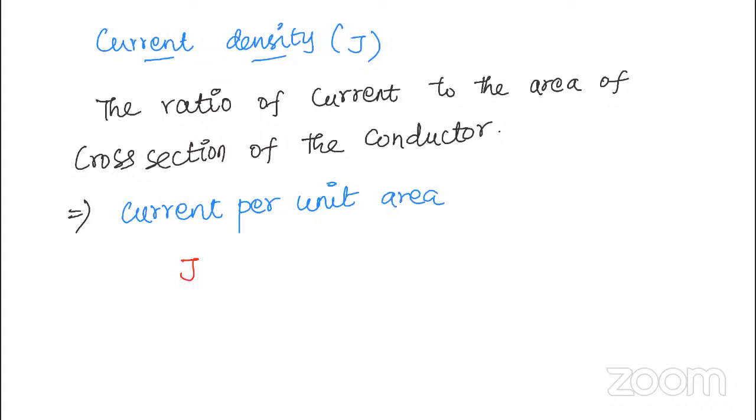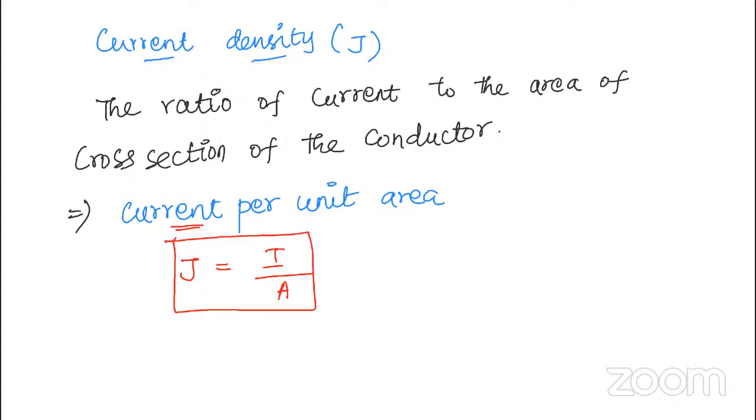Current density is J, for current we write I, and for area we write A. So J = I/A is the formula for current density.